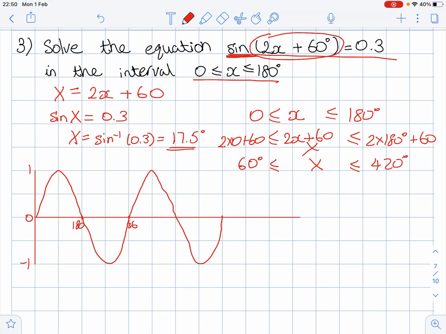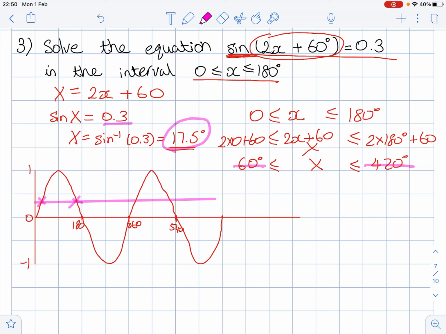So it intersects at 180, 360, and 540. But the range I'm interested in is the values between 60 and 420. So the first value I found is 17.5. So this is when it equals 0.3. So when it equals 0.3, I would say it's around here. So this is my first point, but it's not in my range.